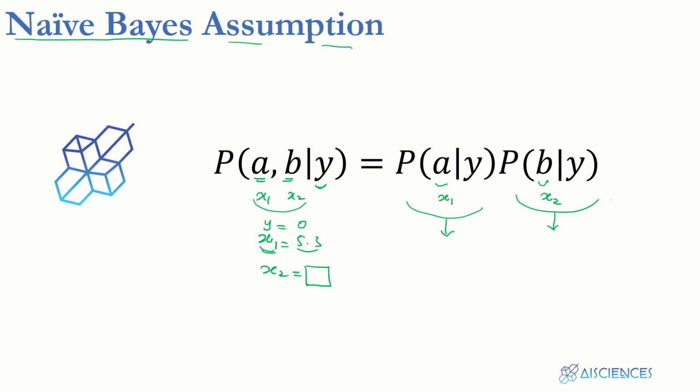And vice versa, if you have the value of x2 in a particular class, then you have no idea to judge the value of x1. And that is true for all different kinds of features. For example, if you have several features x1, x2, x3, x4, and so on, they're all conditionally independent.